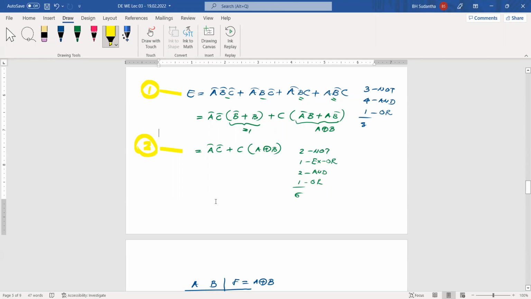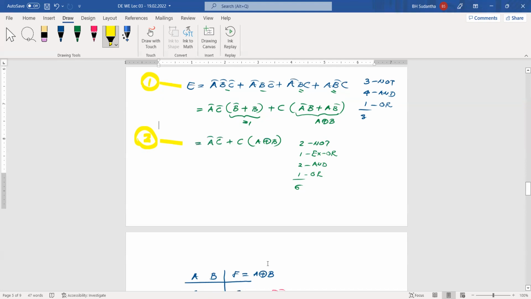Because of that, our circuit cost is less. Our circuit size is smaller than before. Our circuit power consumption is low. And there are many advantages. Because of that, if it is possible, we have to rearrange this equation.